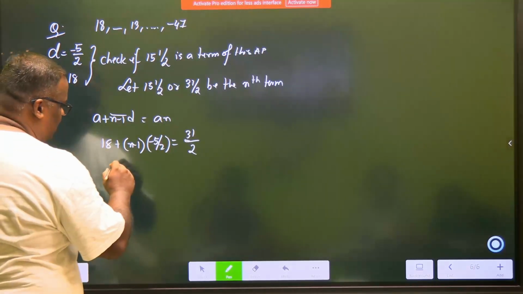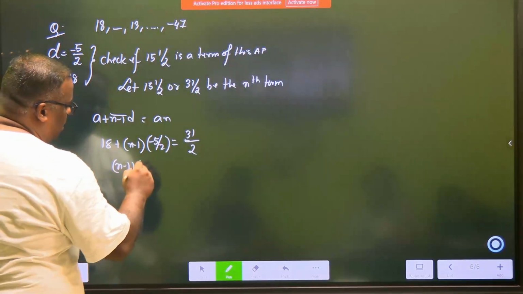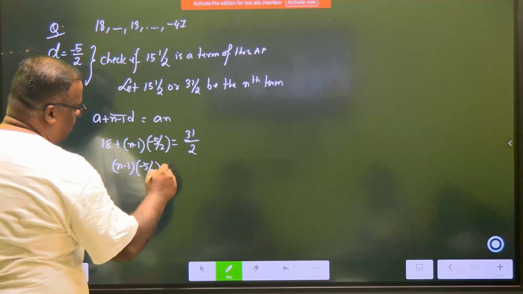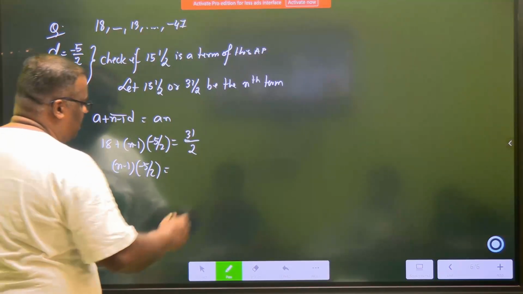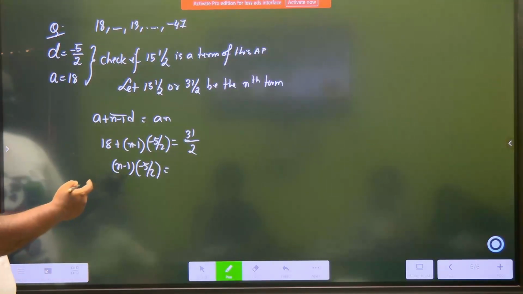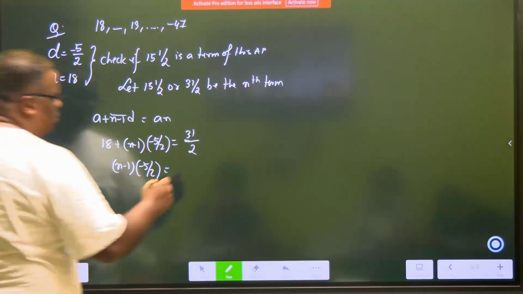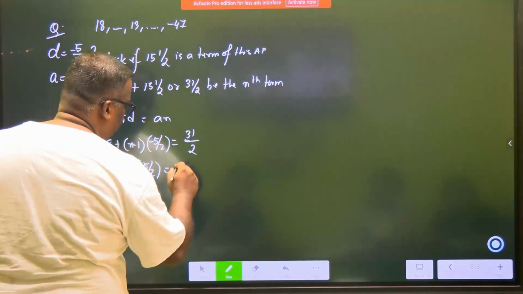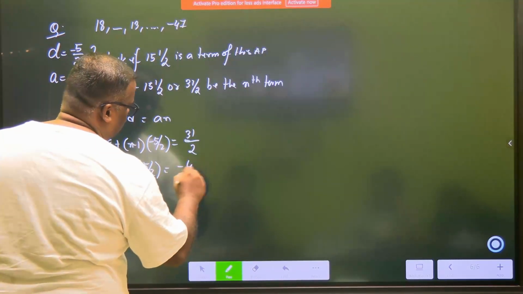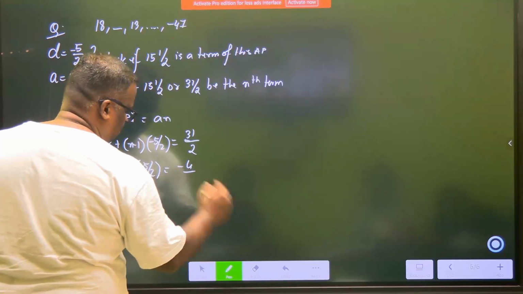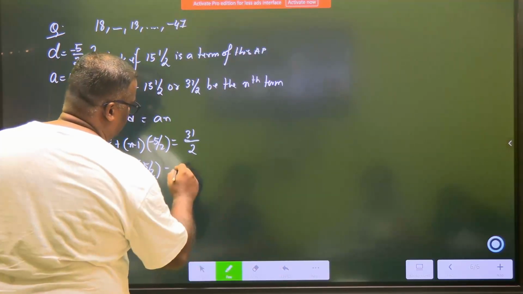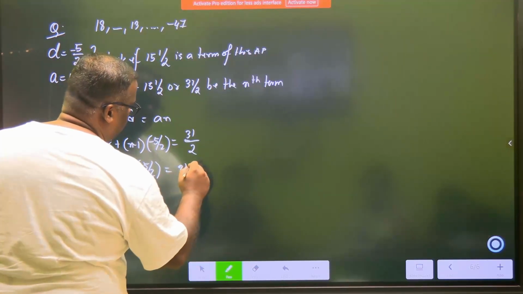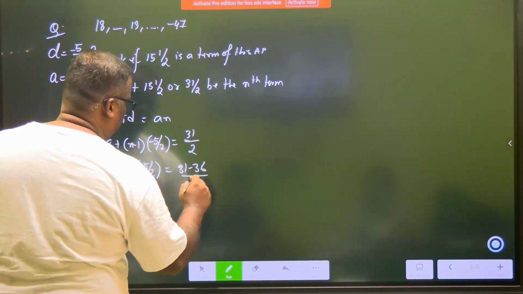So we get n minus 1 multiplied by negative 5 by 2 is 31 minus 18 by 2. 31 minus 18 by 2 is, minus 36. So it will be, minus 5 by 2. It will be 31 minus 36 divided by 2.